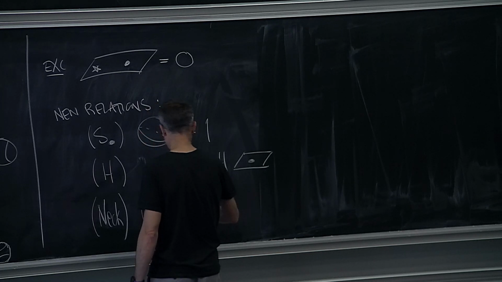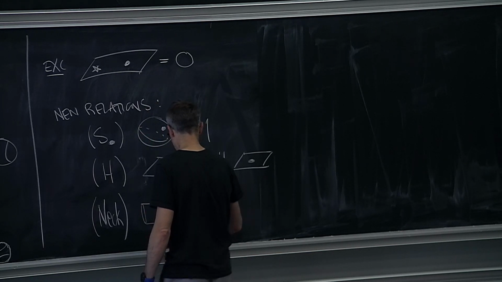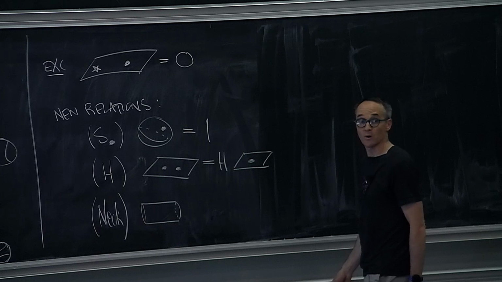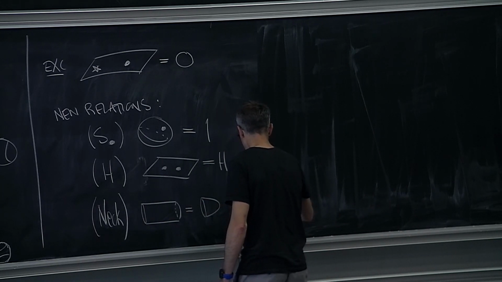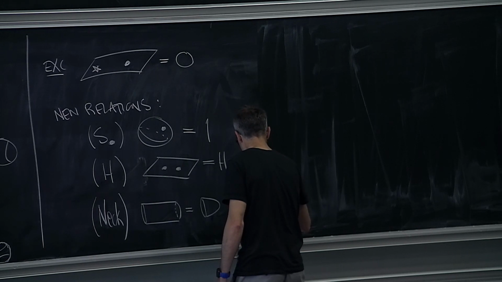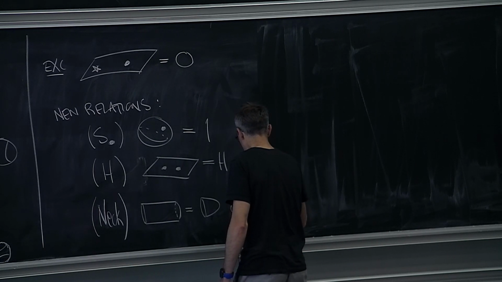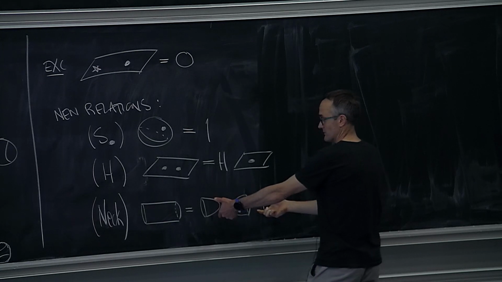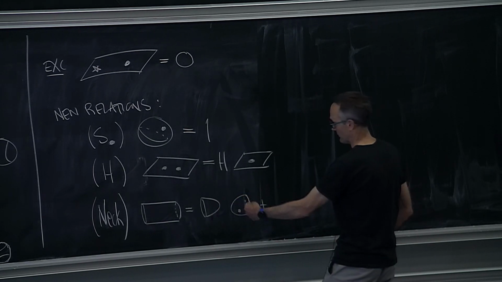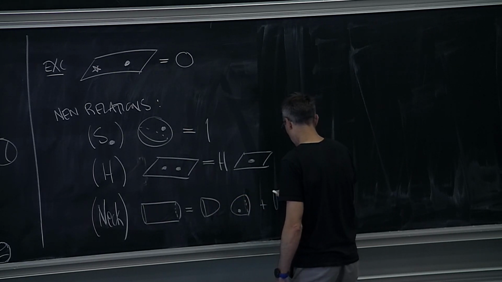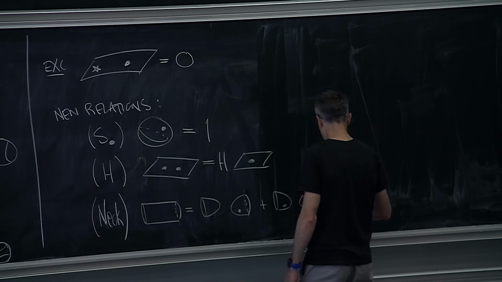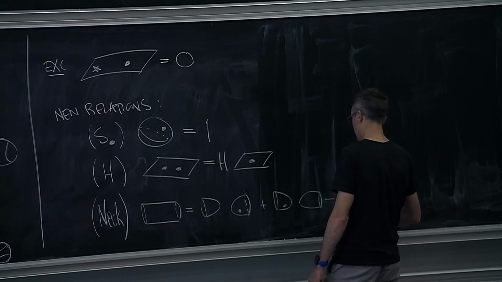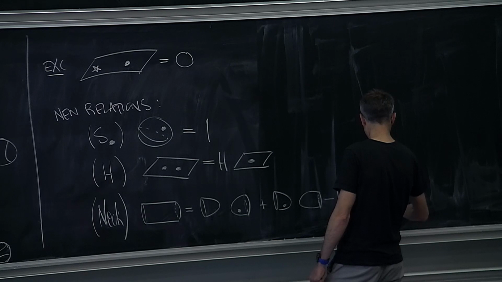It says if I see just a tube anywhere, I can rewrite that as a linear combination of caps and cups: one cobordism with the dot on one end, plus the dot on the other, and then minus H times no dots.